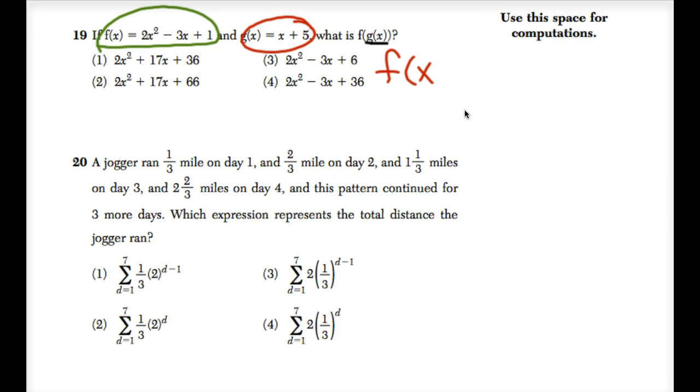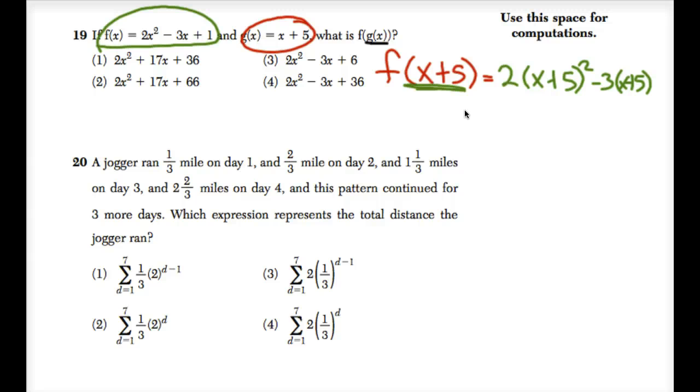This becomes f of x plus 5. What does this mean? This means that wherever I see x in my f of x function, which is in green, I will replace it with x plus 5. So I will have something that looks like 2 times (x plus 5) squared minus 3 times (x plus 5) plus 1. This is a plus 1.